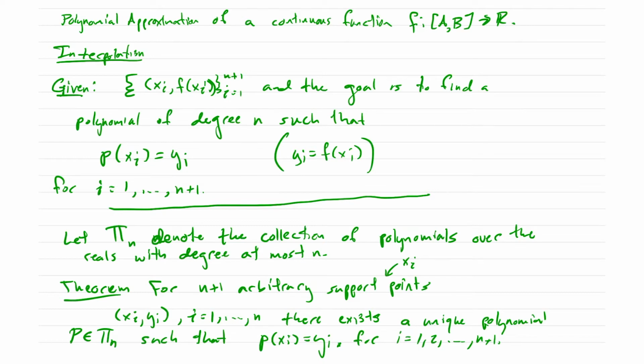Okay, and so it turns out that if we can find an interpolating polynomial of degree at most n that interpolates n plus 1 data points, then there is only one polynomial that does that.